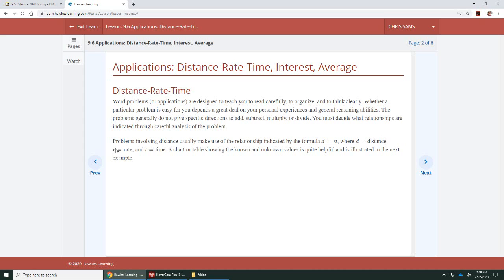I like to just say distance equals speed times time because we also use R for interest rate, and that can be kind of confusing because one rate is a speed and one rate is a percentage for interest. So I may write distance equals S times T for speed, but it's the same, okay? And so here's the equation, D equals RT, or I might write D equals ST.